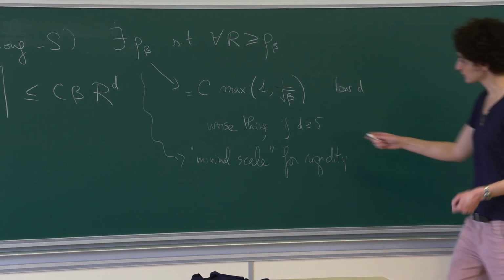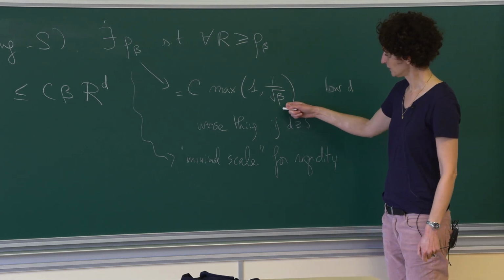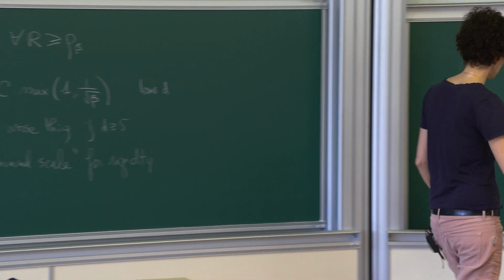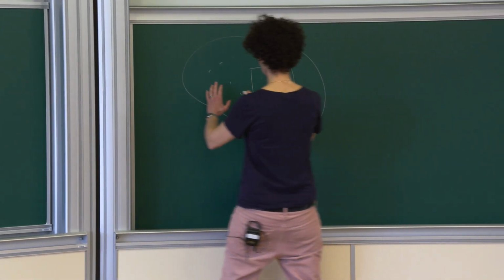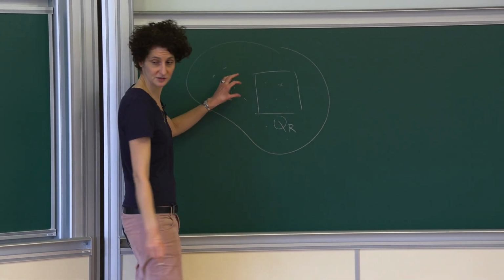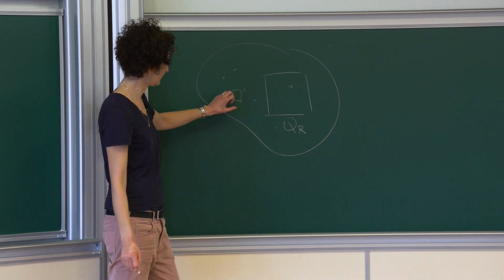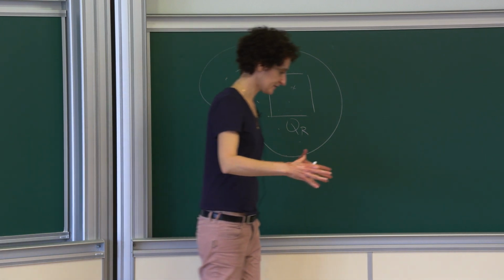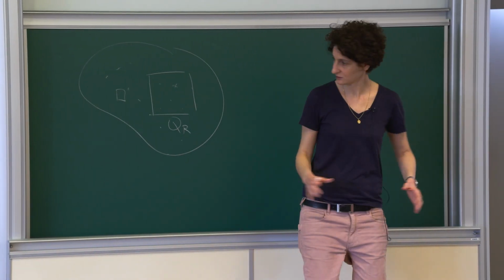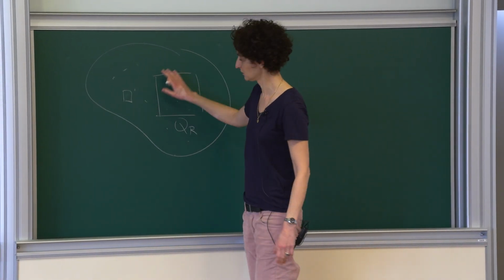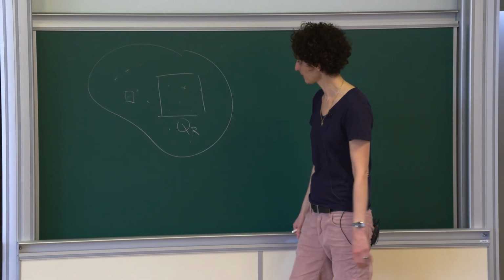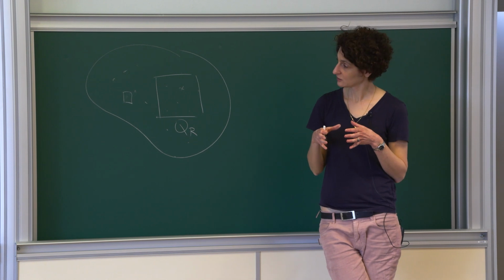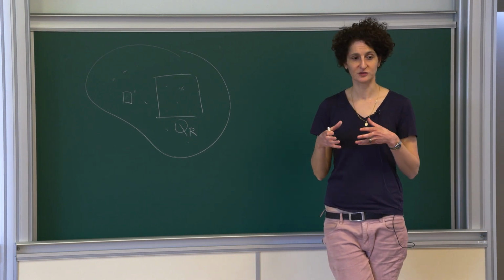When beta is very small, this thing starts to be large. So it means that you're going to get local loss, but you cannot go too far down if the temperature is very small. There is going to be some minimal scale, and the idea is that above that scale, you have good controls in boxes. And below that scale, you expect your gas to actually be Poissonian.